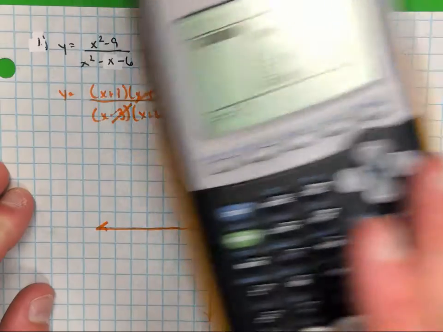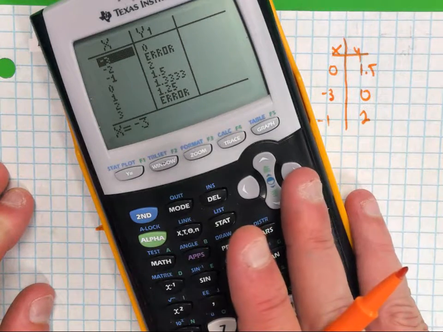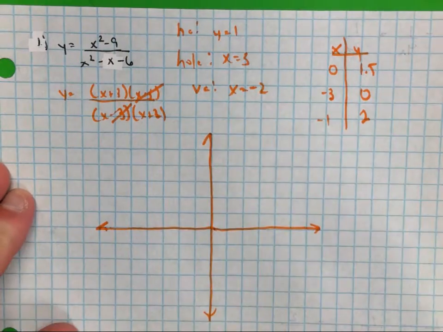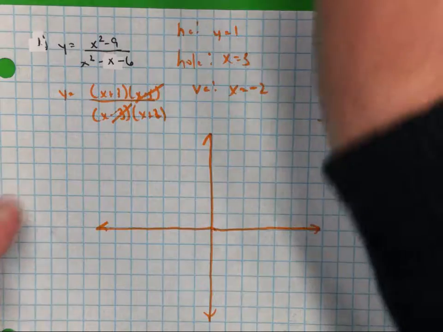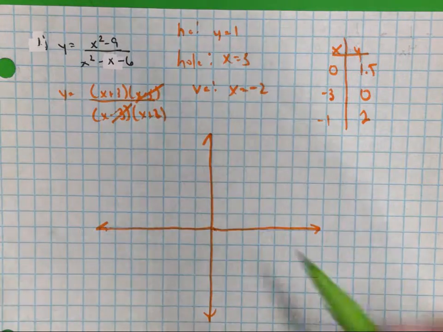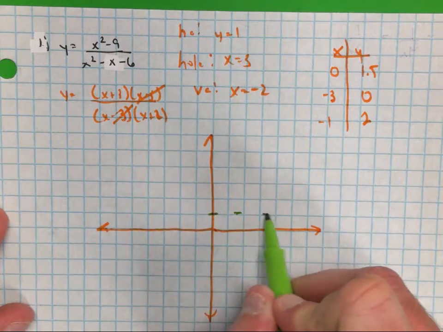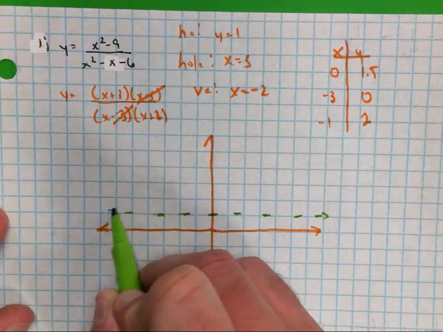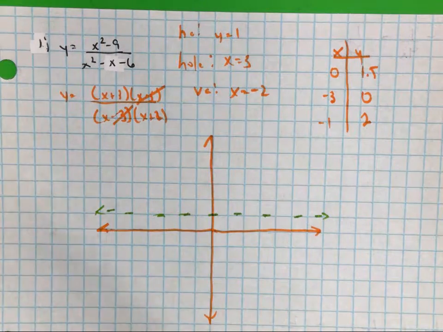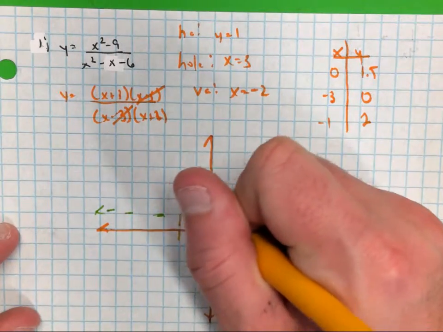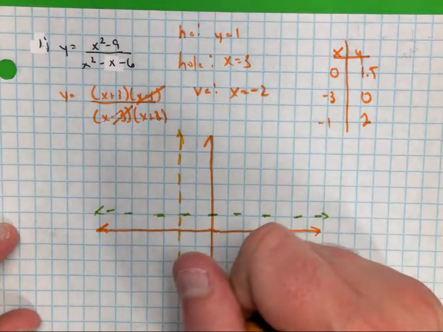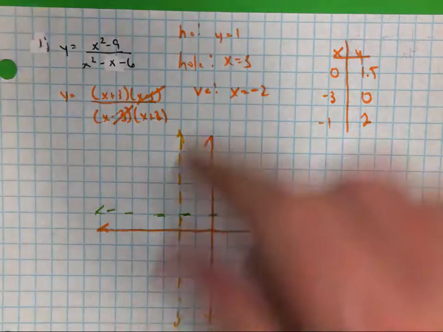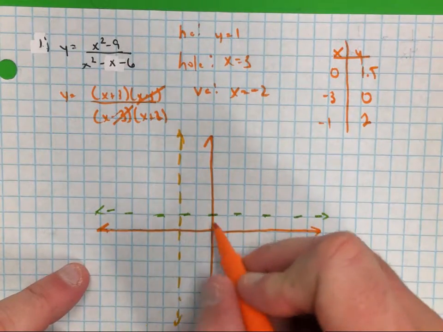If you're very careful, can you just use your table to find your values? Yes, you can. Okay. Alright, so I'm going to graph this. Y equals 1. The VA is x equals negative 2. So I got 0, 1.5.